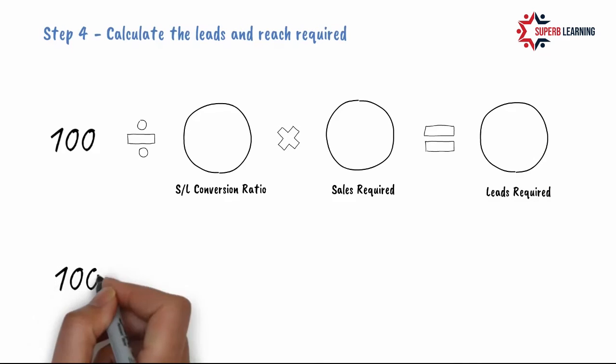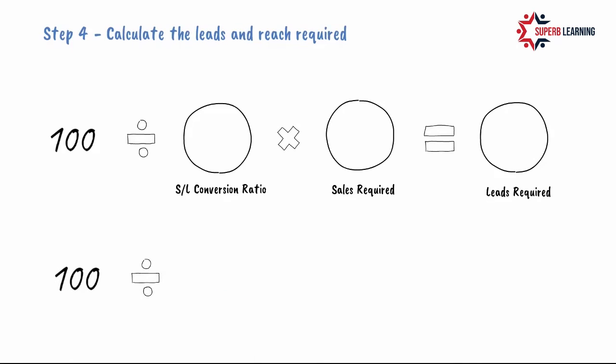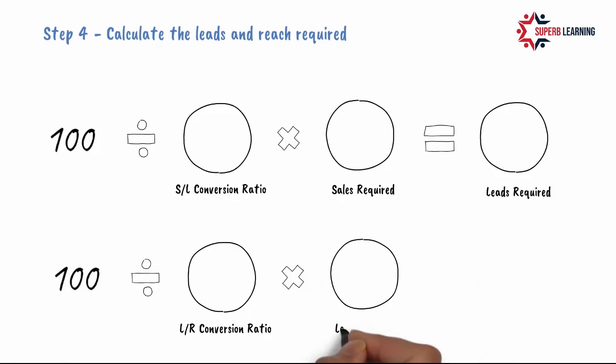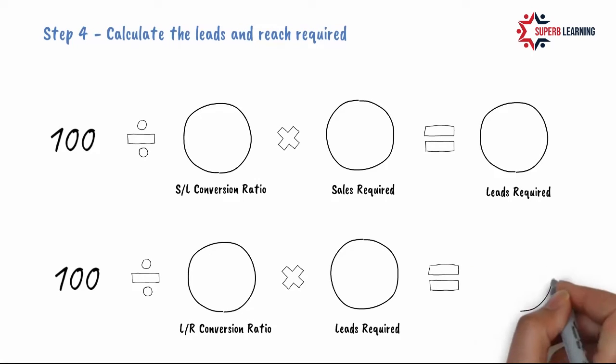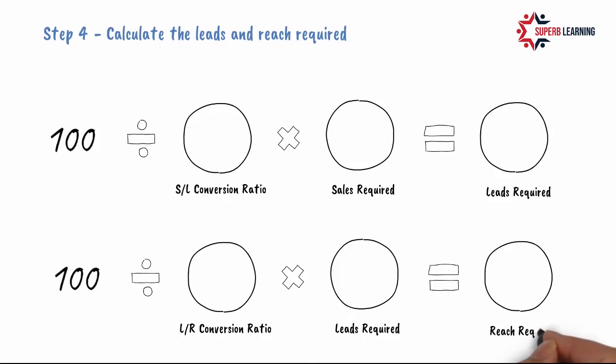We then take 100 divided by our lead to reach conversion ratio, times the number of leads required, and that is going to provide us with the reach that is required. So looking at our example, we know that our sales required is 120. We know our sales to lead conversion ratio is 2, so that means we need 6,000 leads. Okay. We know our lead to reach conversion ratio is 10. We know our leads required is 6,000, so that means that to sell that course, we need to reach 60,000 people.